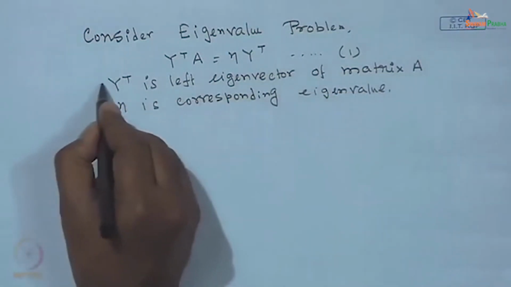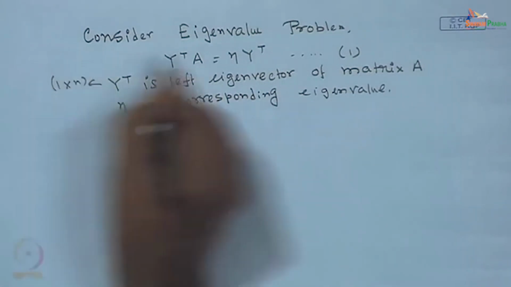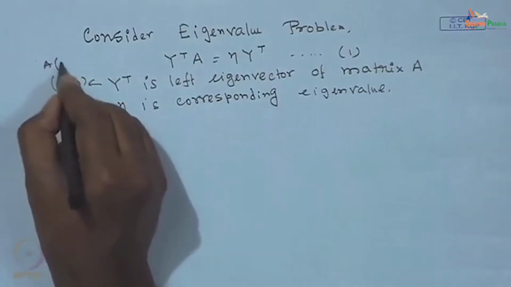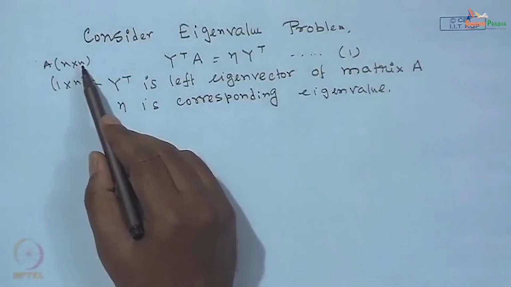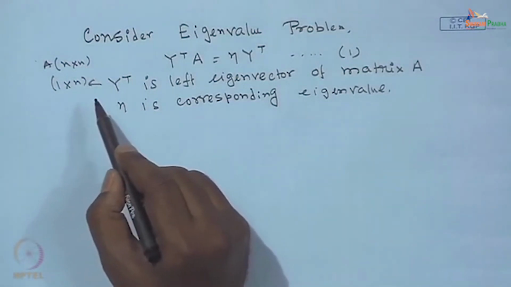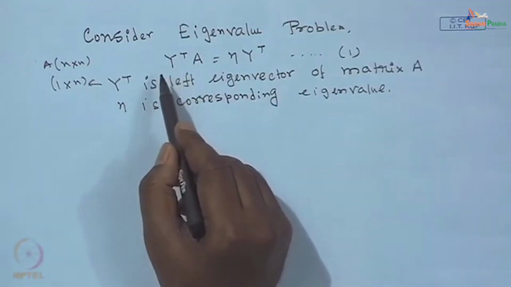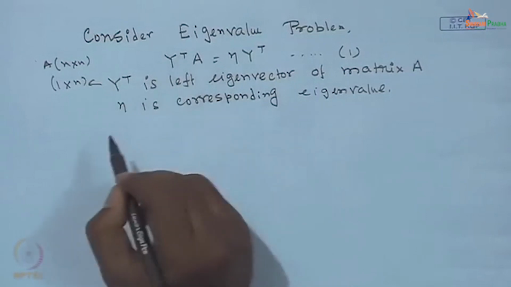The size of y transpose is 1 cross n. The size of A will be n cross n. So, since the number of columns of y transpose matches the number of rows of A, they are conformable and the matrix multiplication is allowed.